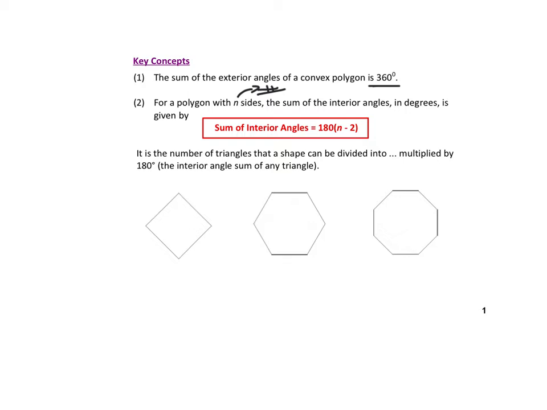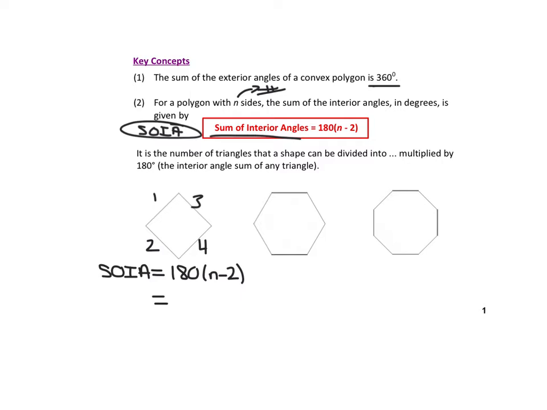So for example, if we're looking at the following polygon, 1, 2, 3, 4 sides, we can use our sum of interior angles formula. I'm just going to use SOIA as short form. So sum of interior angles equals 180 times n minus 2.